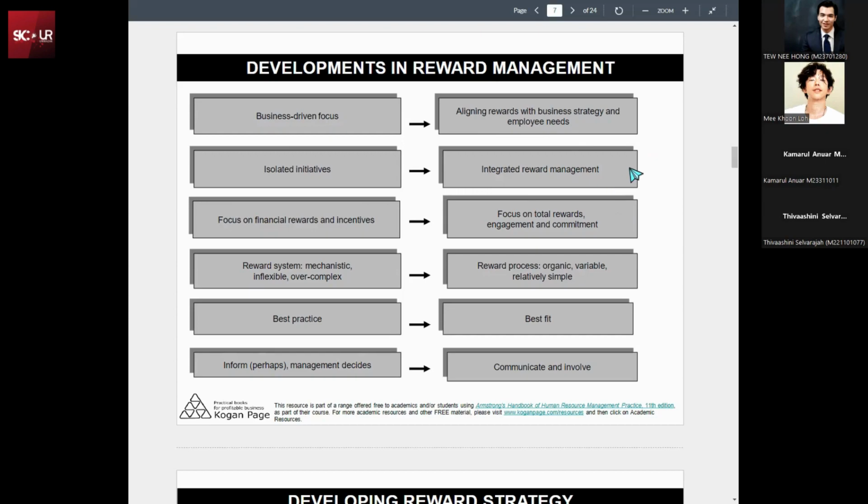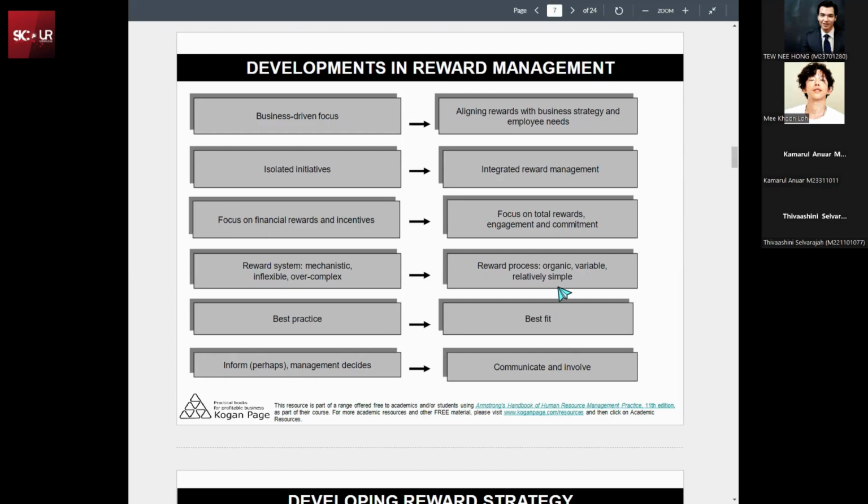We want to have involvement of management, at the level of management. And then we focus on financial reward and incentive, but more on total reward. We're not focusing on monetary only. Engage to get engagement and commitment from the employer and the employee itself.